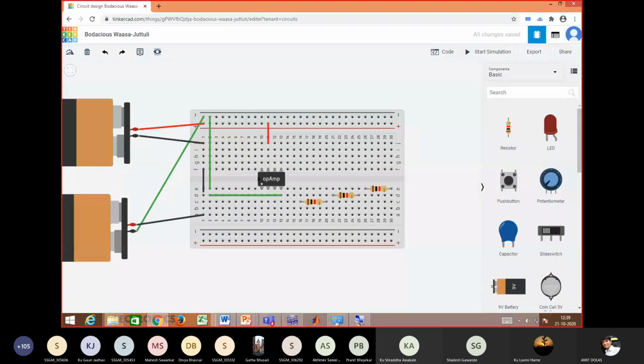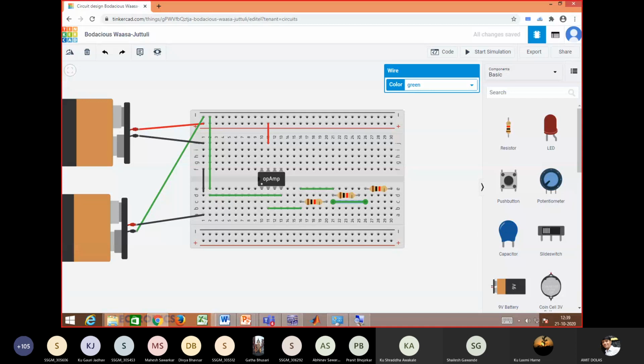So the supply is connected. Then for the second terminal, I have to connect one end of all the resistances, that is this is 1, then this terminal is connected here 2, and lastly this terminal is connected here 3. So I have connected one end of each resistance together.